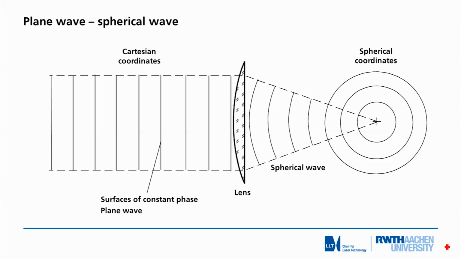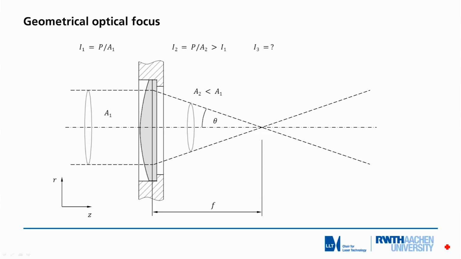Now, if we look at this consequently, we start with a certain power in a beam and focus this laser beam, and what will happen in the focal point? Theoretically, the area of the beam, the cross-section of the beam, will go to zero, which then would mean that the intensity would go to infinity.